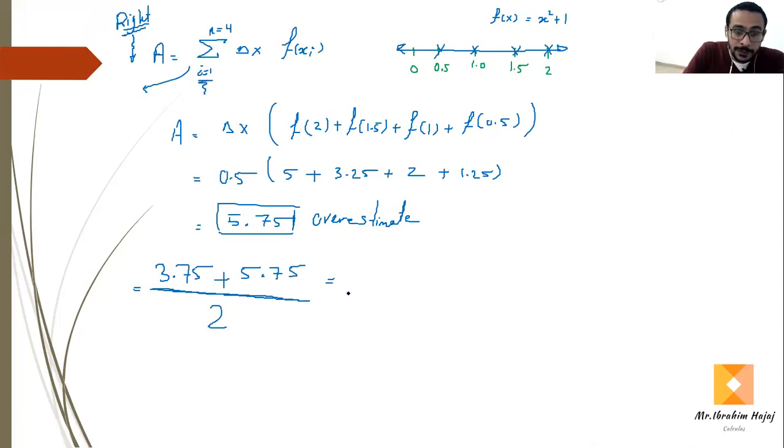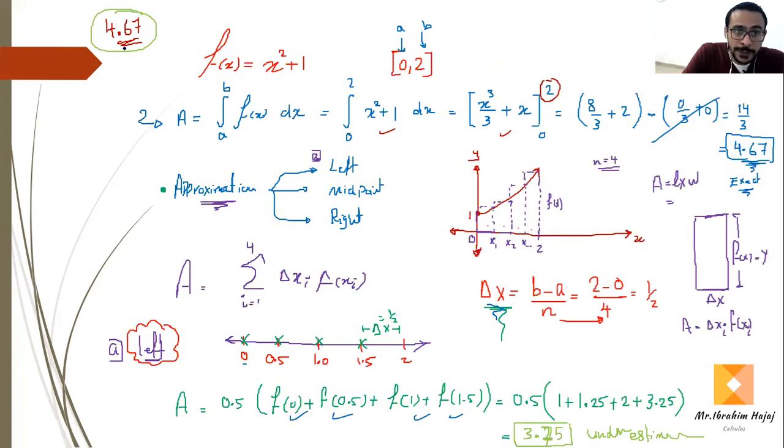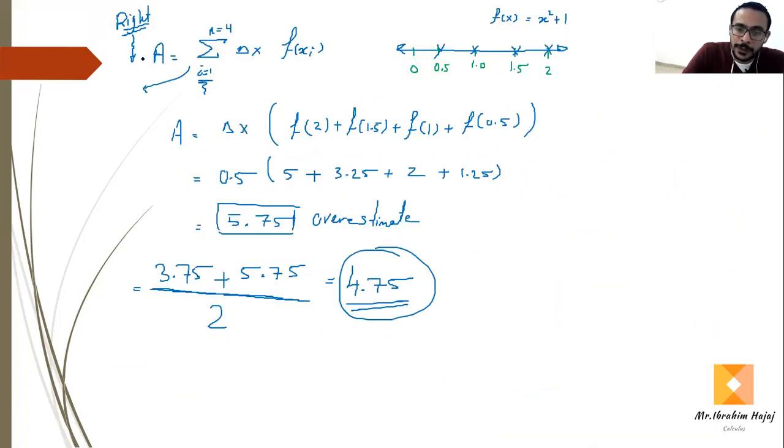Yes, 4.75, right? If you notice, 4.75 approaches the exact value, which is 4.67. So if you average the right and the left approximation, it gives us something near the exact answer.